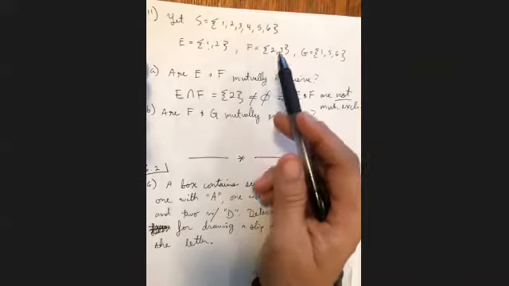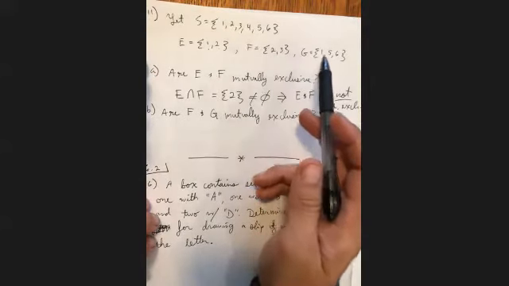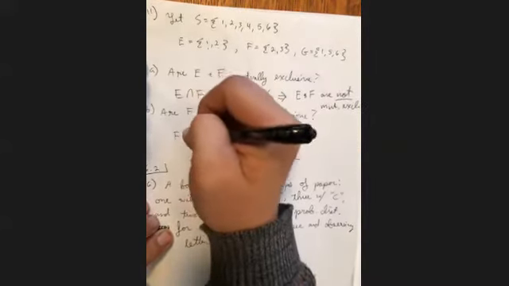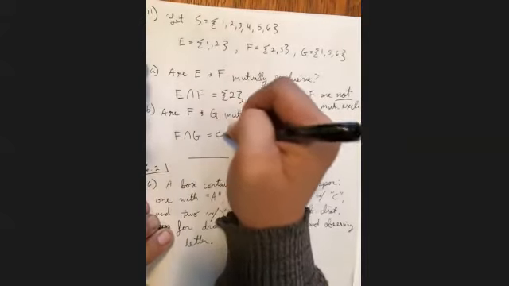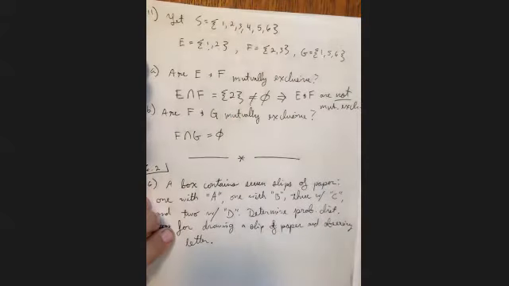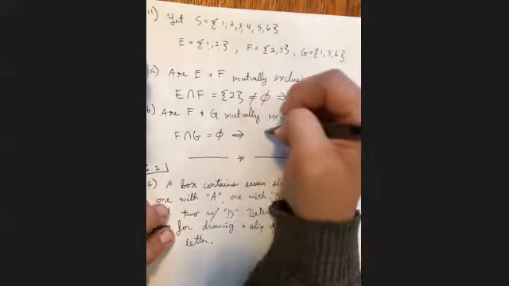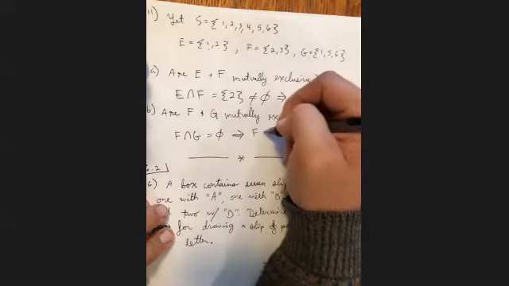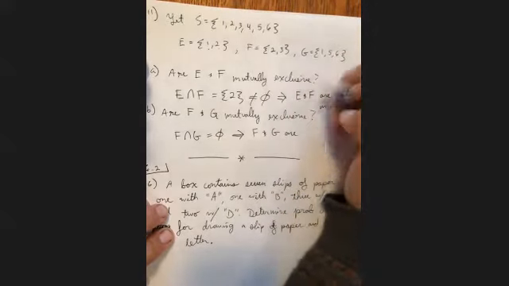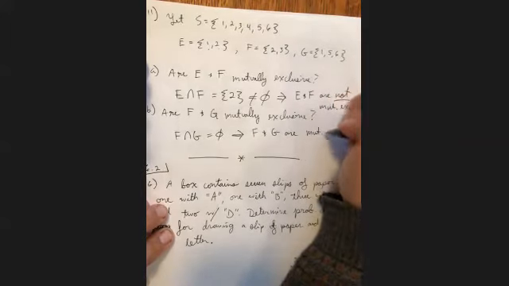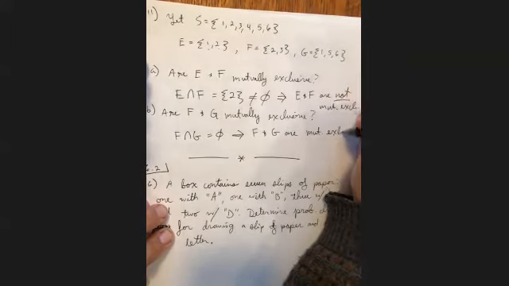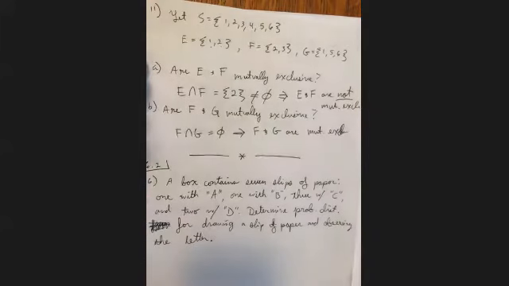Now we look at F and G. F is 2 and 3, G is 1, 5, 6. So it's simple to observe that their intersection will be empty. If their intersection is empty, then we can say F and G are mutually exclusive.